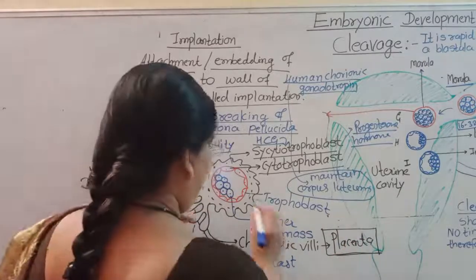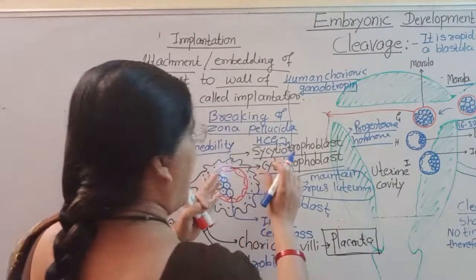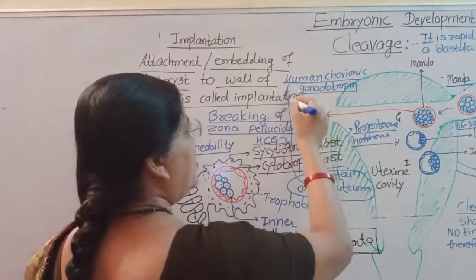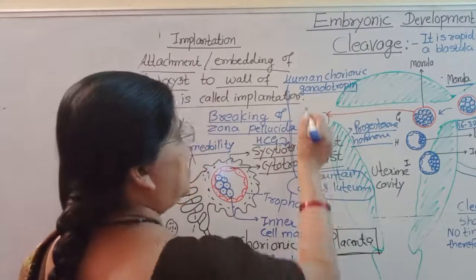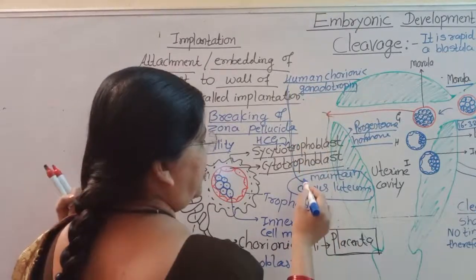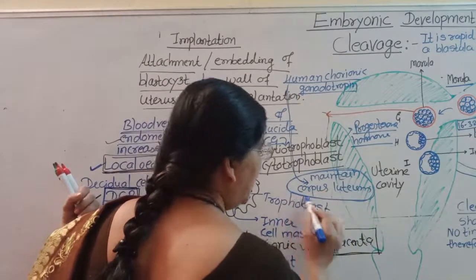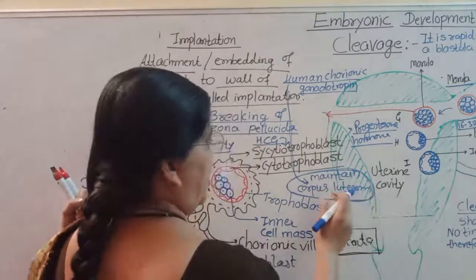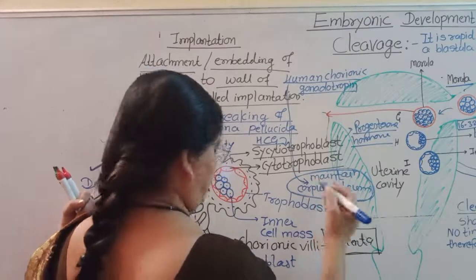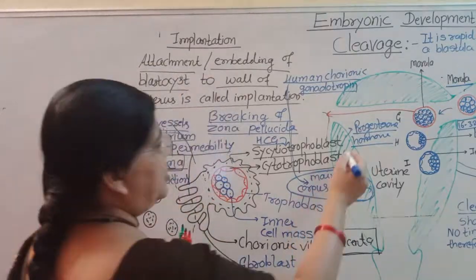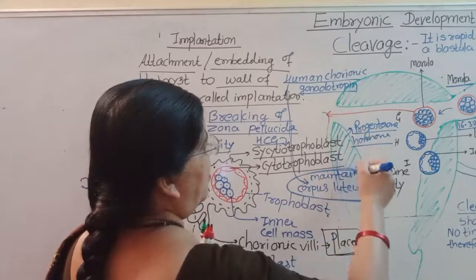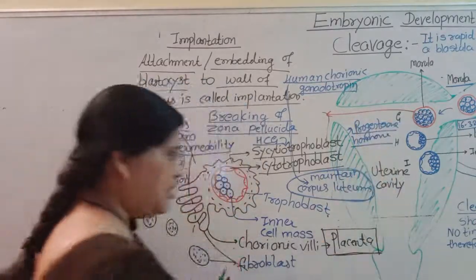So this syncytiotrophoblast secretes human chorionic gonadotropin hormone. It is a glycoproteinaceous hormone which maintains corpus luteum in the ovary, and corpus luteum secretes progesterone, and it maintains pregnancy.